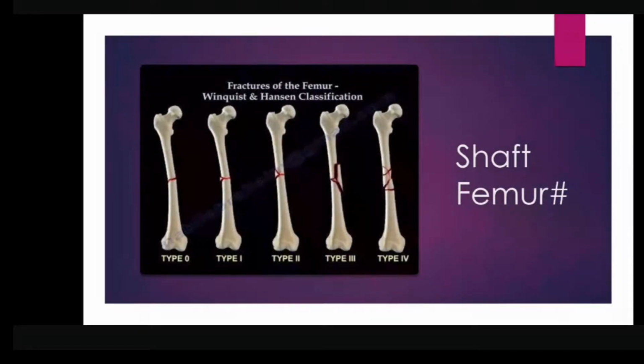You may have any other significant head injury. This you should look for, particularly when you are thinking of a shaft femur fracture, because a shaft femur fracture will not occur in any trivial trauma.